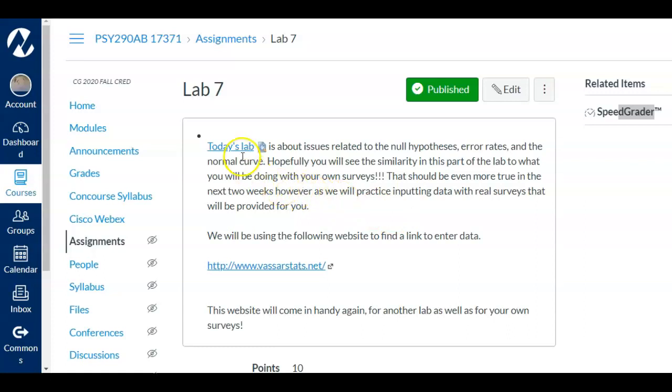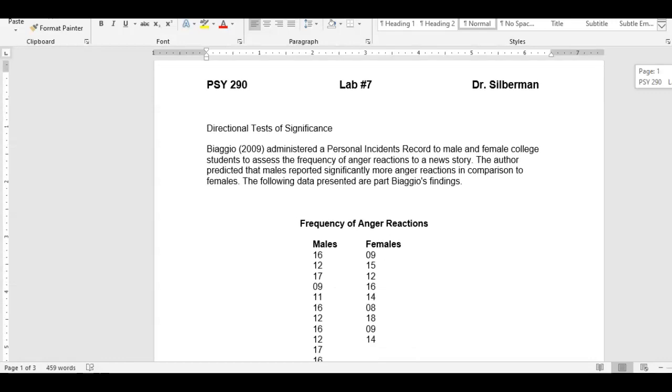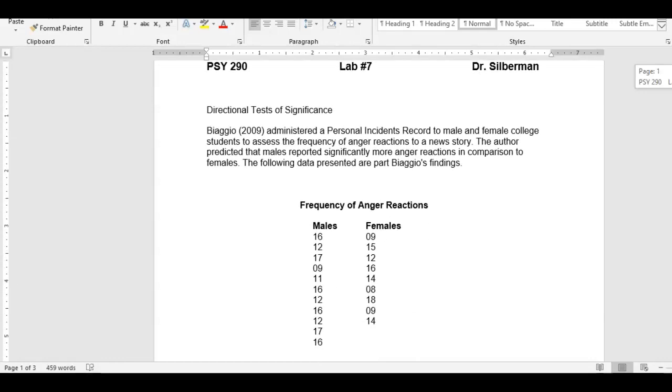So you click on where it says today's lab, and this will pop up. That is today's assignment. So let's go through these one by one so that you know how to enter data in VassarStats. This is a test that Biagio did in 2009.